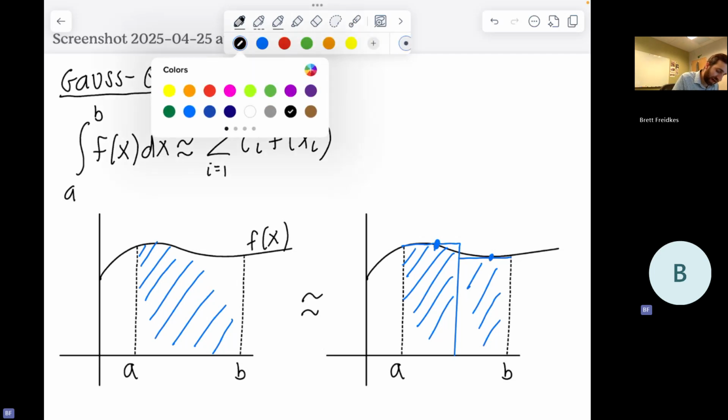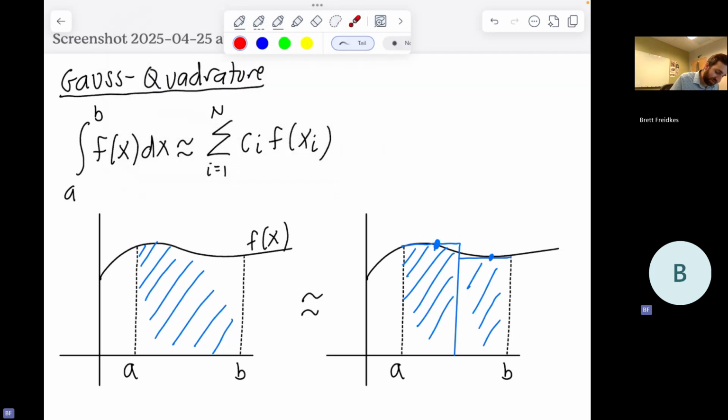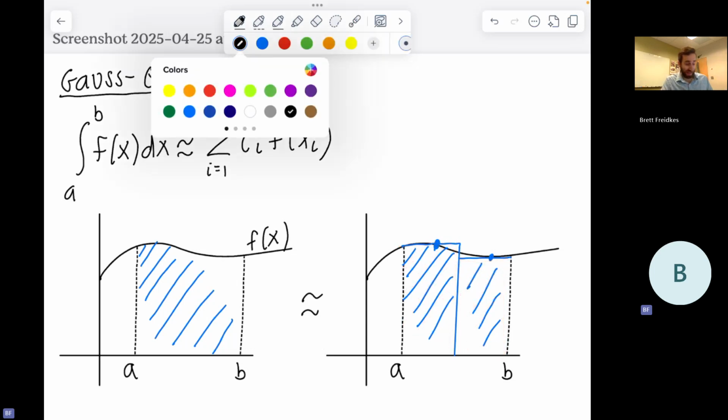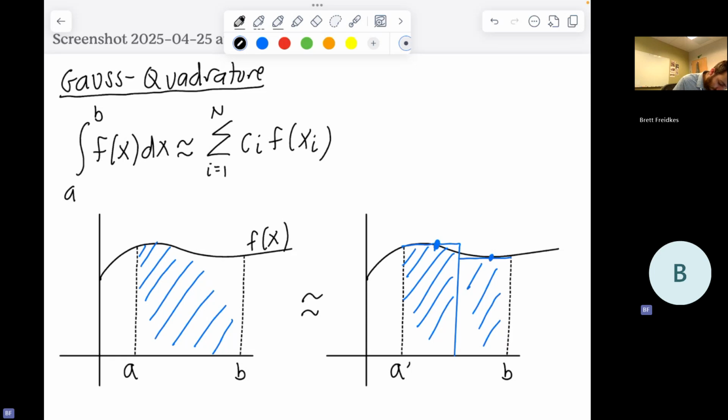So we see on this bottom right picture here that instead of integrating the area exactly, which would be this, I'm instead drawing two rectangles in this case and finding the area of each of those. Now, those two rectangles have some widths that we call c1 and c2, and their heights are f of xi, where xi is some point that will determine the height of the rectangle using the function.